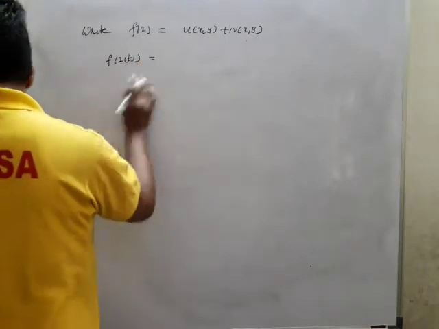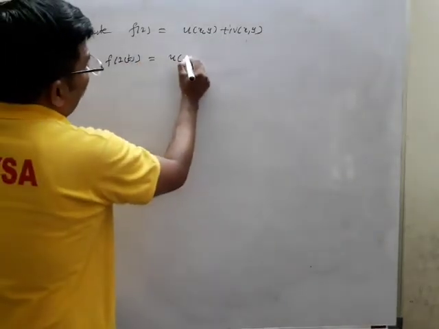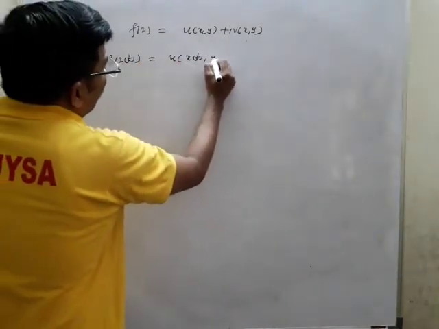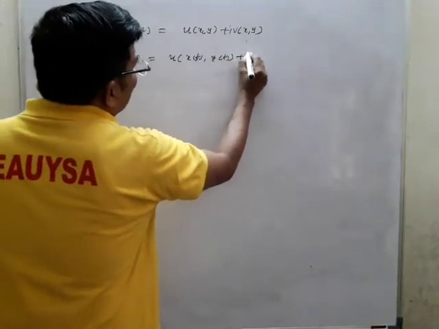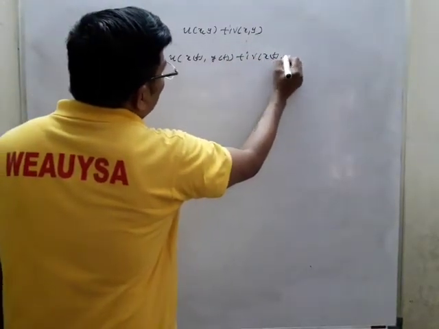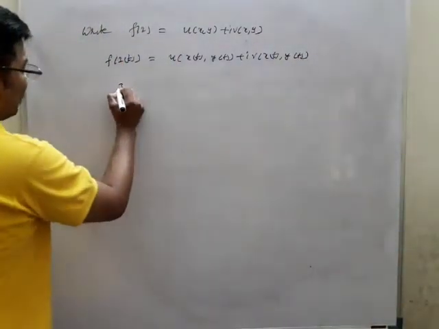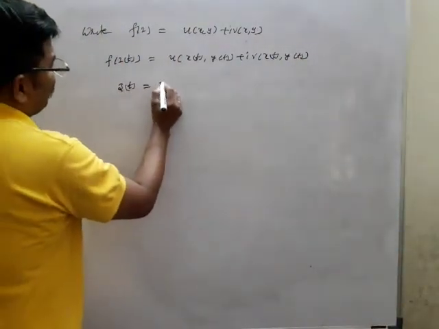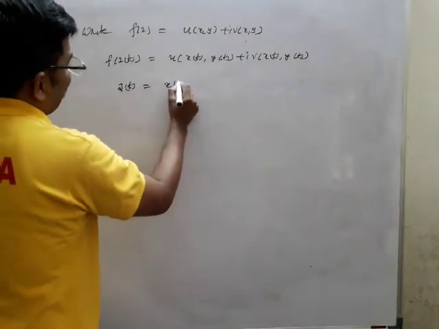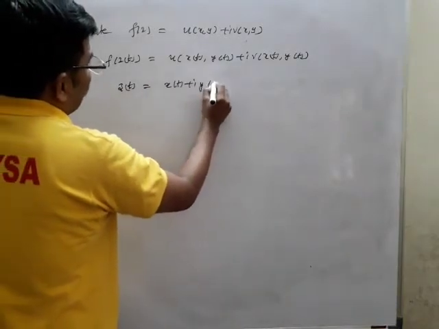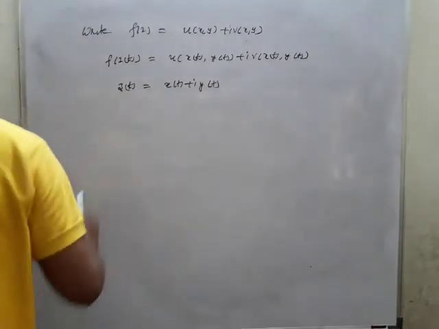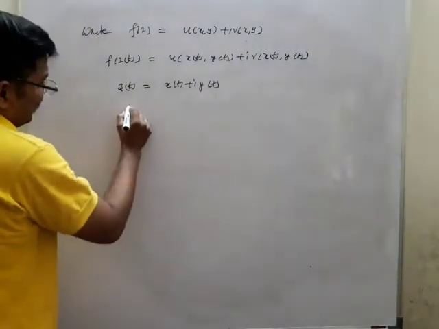What is f of z of t? We write it as u of x of t comma y of t plus i v of x of t comma y of t. Now what is z of t? z of t is equal to x of t plus i into y of t. Now what is z dash of t?